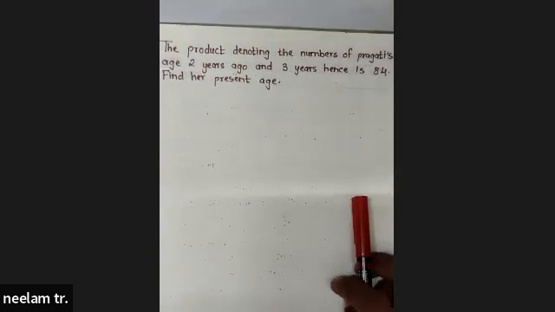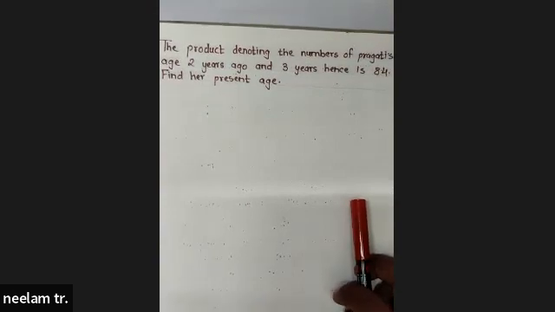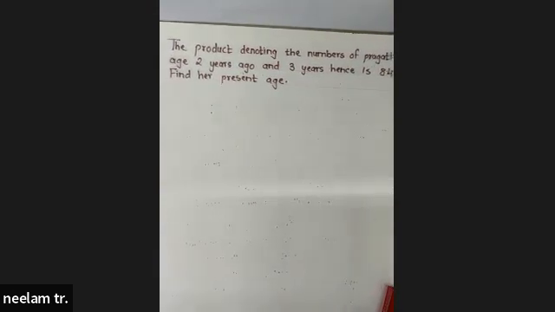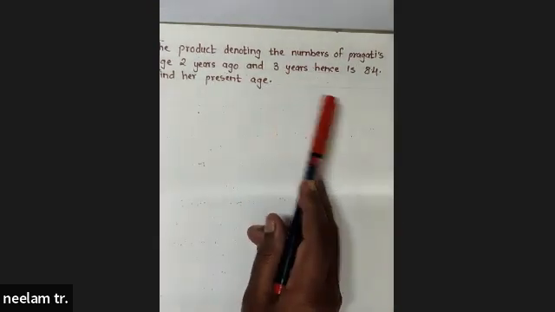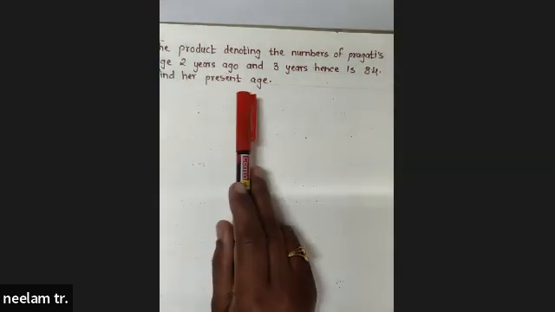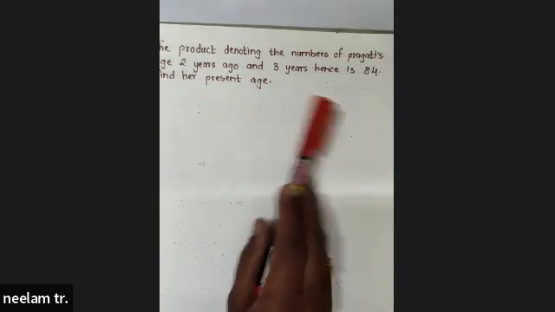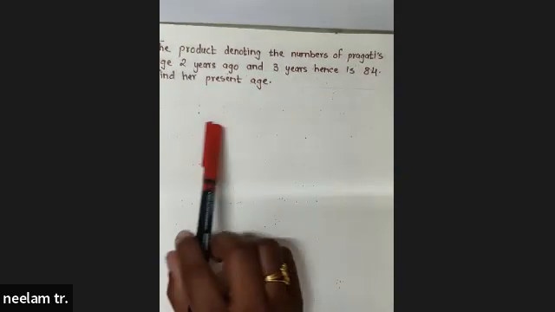Okay, this is your textual question, the first question of practice set 2.6, I think. First, we'll read the question. The product of the number denoting Pragati's age 2 years ago and 3 years hence is 84. Find her present age.